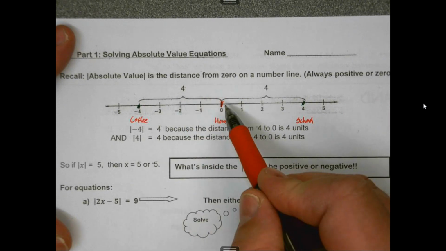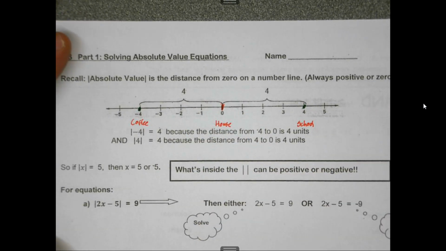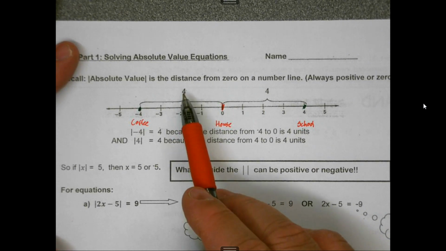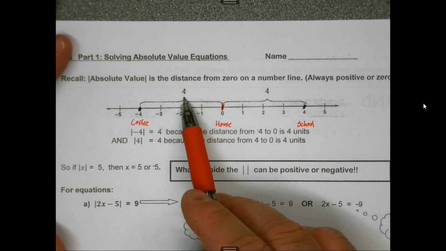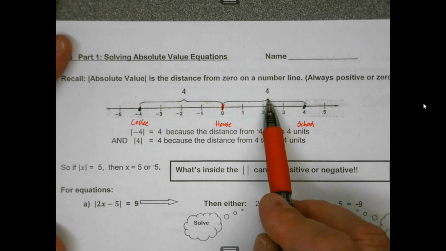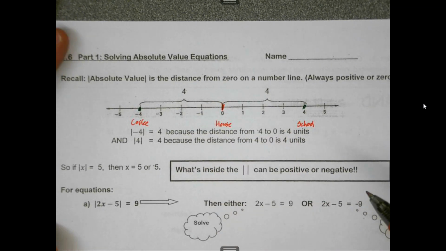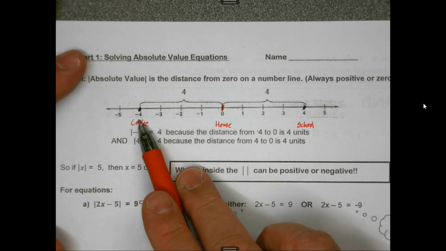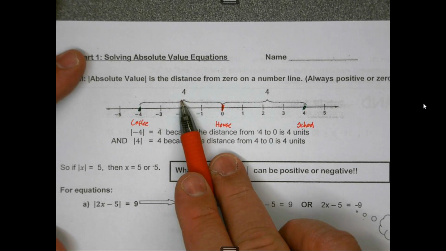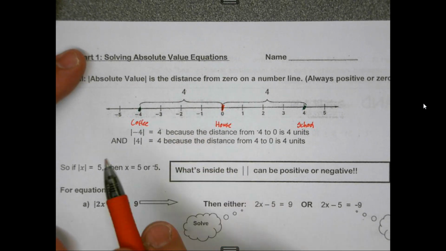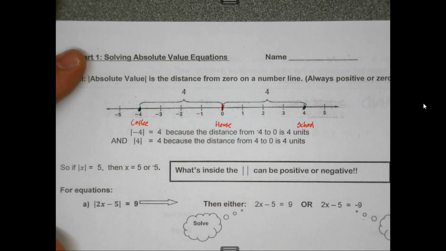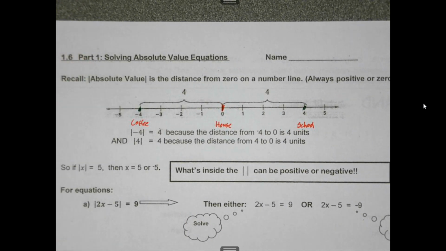In order for us in mathematics to measure this distance both ways, I have to force this -4 location point to become a +4. And to do that, we use those absolute value symbols or bars.